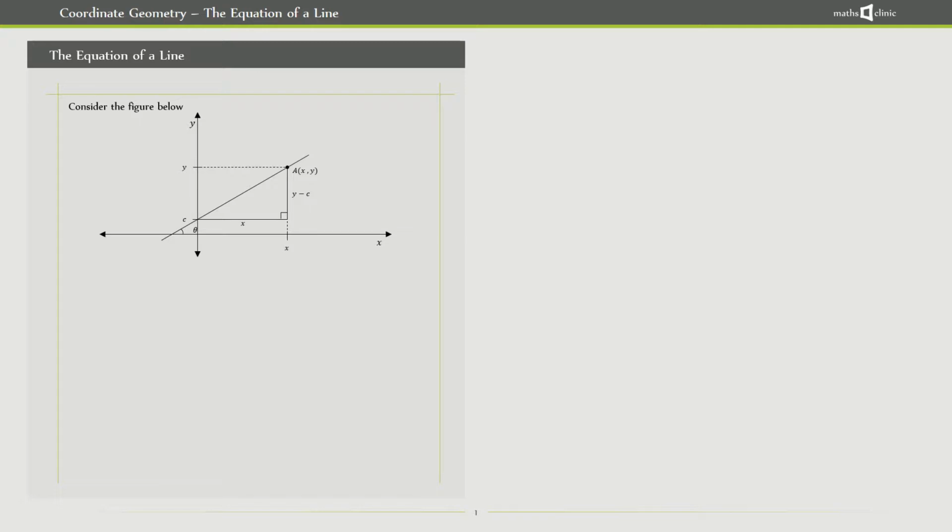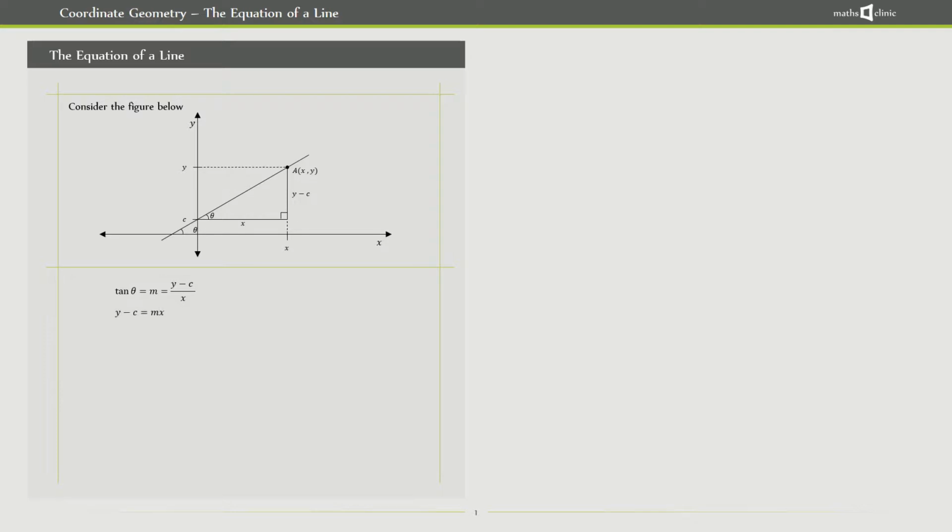If you're going to work out the gradient of this line, from what we discussed in the last lesson, you would have that tan theta, which is also m, equals y minus c, the opposite, divided by the adjacent, x.